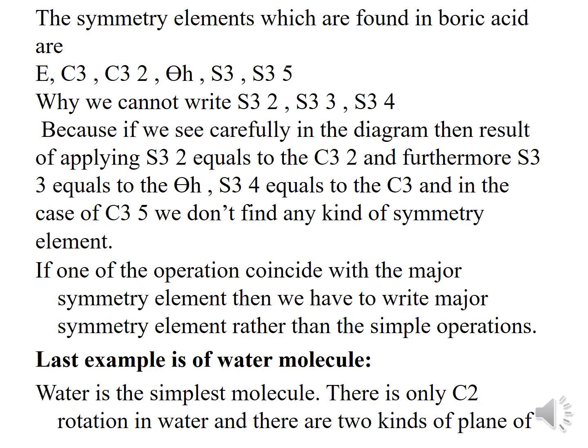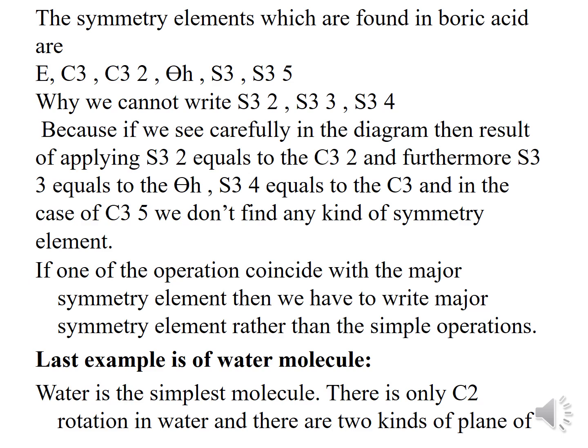Why can we not write S3^2, S3^3, S3^4? Because if we look carefully at the diagram, the result of applying S3^2 equals C3^2, furthermore S3^3 equals sigma h, and S3^4 equals C3.